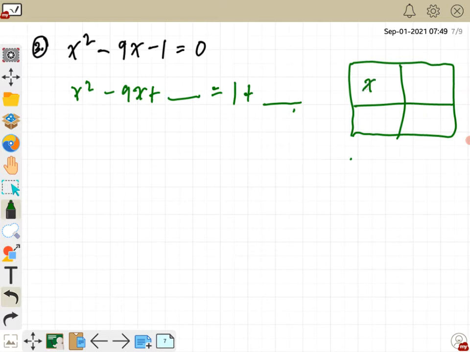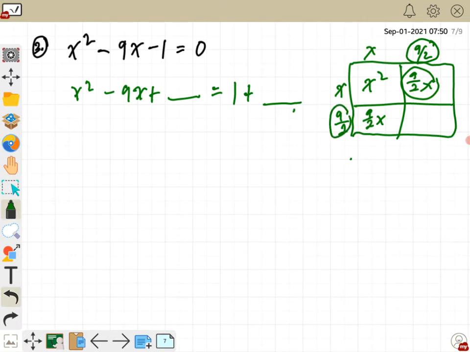So we have here x squared, and that is x times x. We need to divide 9 in 2. So that's 9 over 2 here and 9 over 2 here. To get 9 over 2x, x times something, therefore this is 9 over 2, and the same thing, since this is square, this must be 9 over 2.